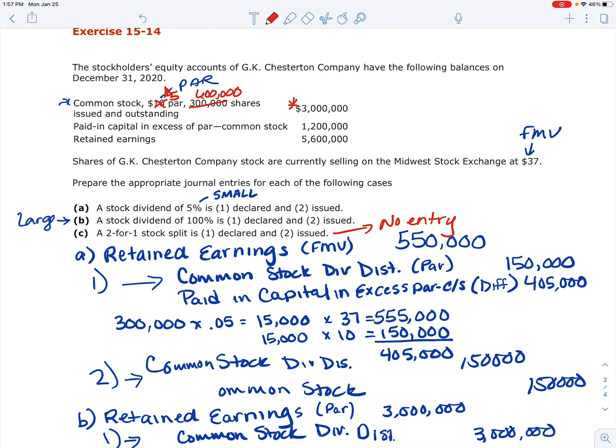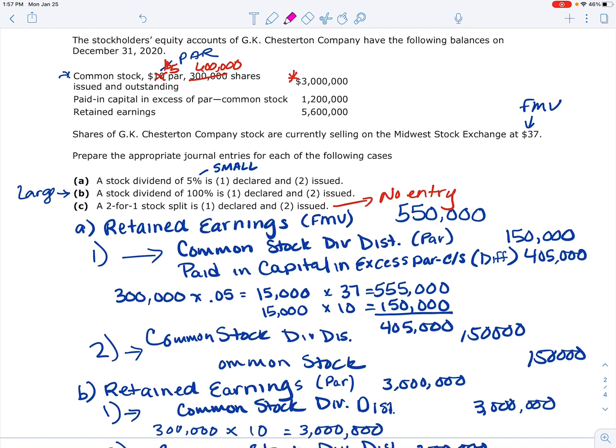The other thing I do want you to recognize is how these journal entries impact your stockholders' equity section. All you have to do is look at those journal entries and apply them. For example, we have your retained earnings right here. A debit to retained earnings is going to decrease your retained earnings, right?